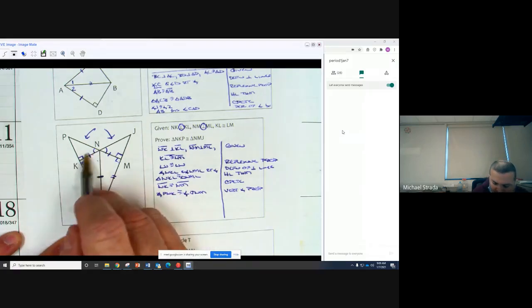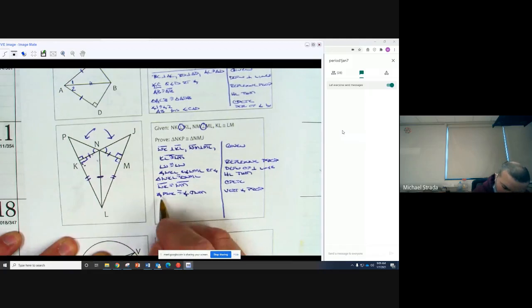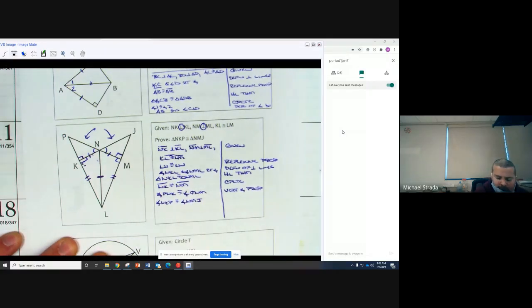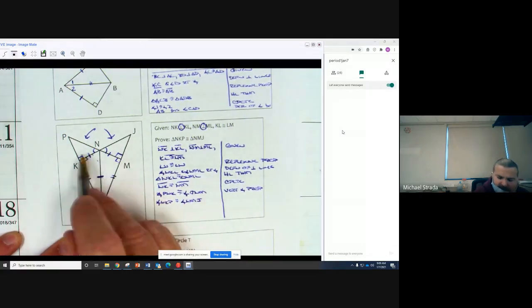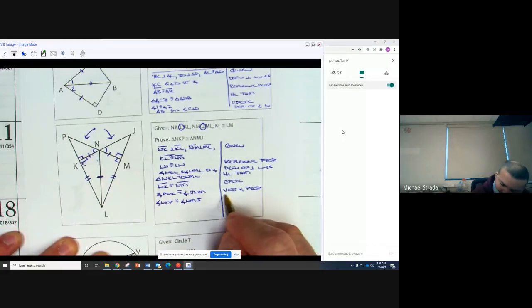Now, I'm not going to use hypotenuse leg because it's two angles and a side. So it's angle, side, angle. Well, how do I say these angles are congruent? The easiest way to do that is angle NKP congruent to angle NMJ, because they form linear pairs, making them supplements, and we fall back to our old reliable congruent supplements theorem.